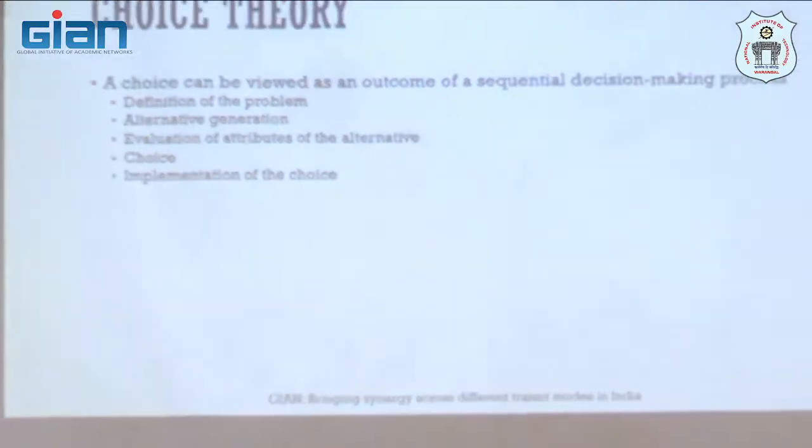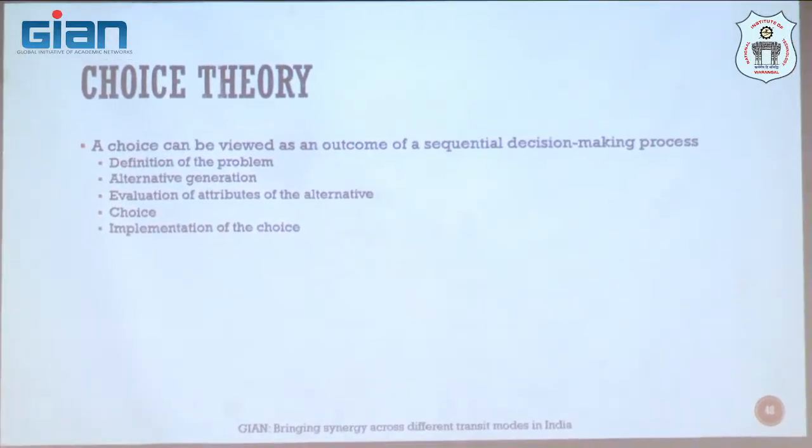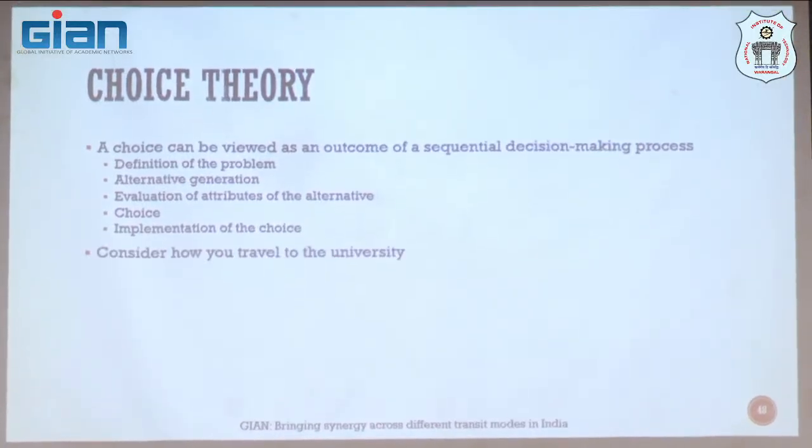If you're an Android user now, probably you'll buy a new Android. If you're an iPhone user, you are stuck with iPhone. So there are attributes that you look at, and then you make the choice. The last step is, now you choose to buy a particular phone, you go and implement. So these are what are called the actual steps that people use to make their choice.